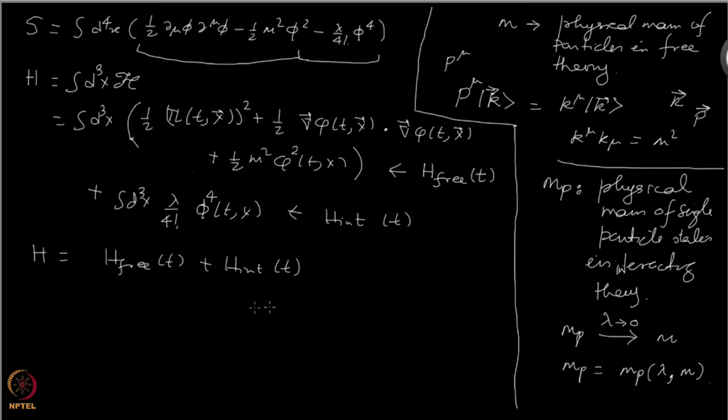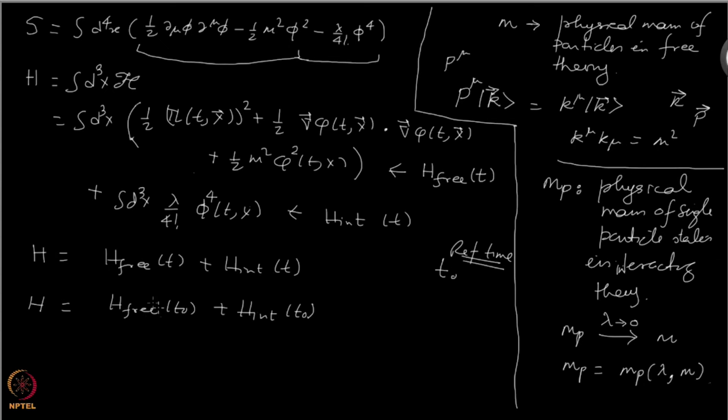Now, I choose some time t naught as a reference time. It is arbitrary, but I write the Hamiltonian as H free of t naught plus H interaction of t naught. I can put any time in here because the sum will always be a constant.